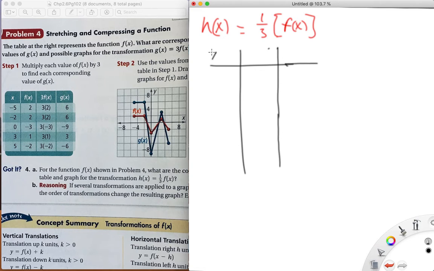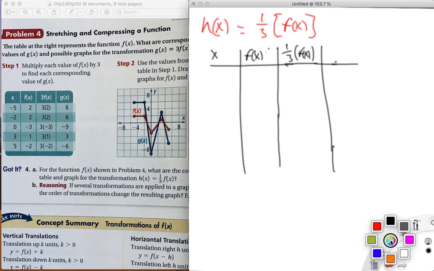So we have our x, we have our f of x, we have our 1 over 3 f of x, then we're going to have our h of x.